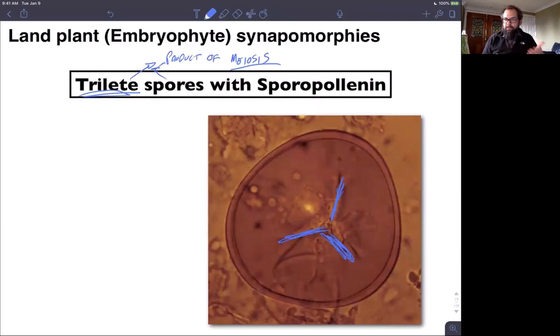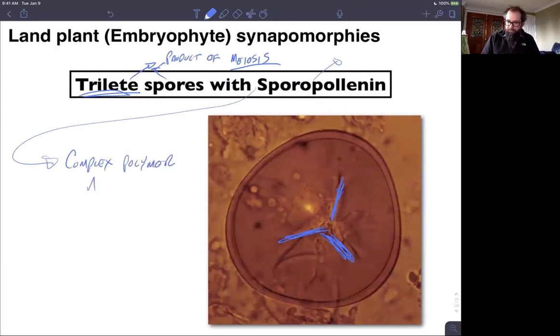These spores are covered with a compound called sporopollenin. Sporopollenin is a complex polymer that does a couple of things for these spores.